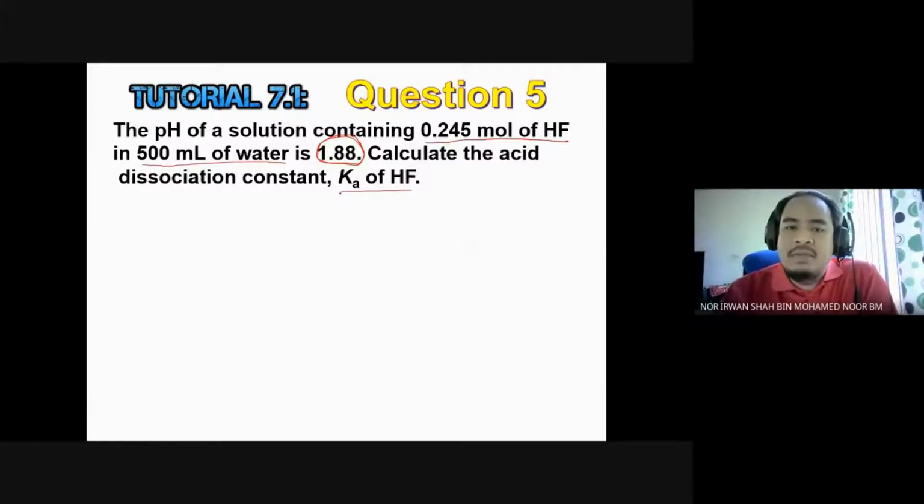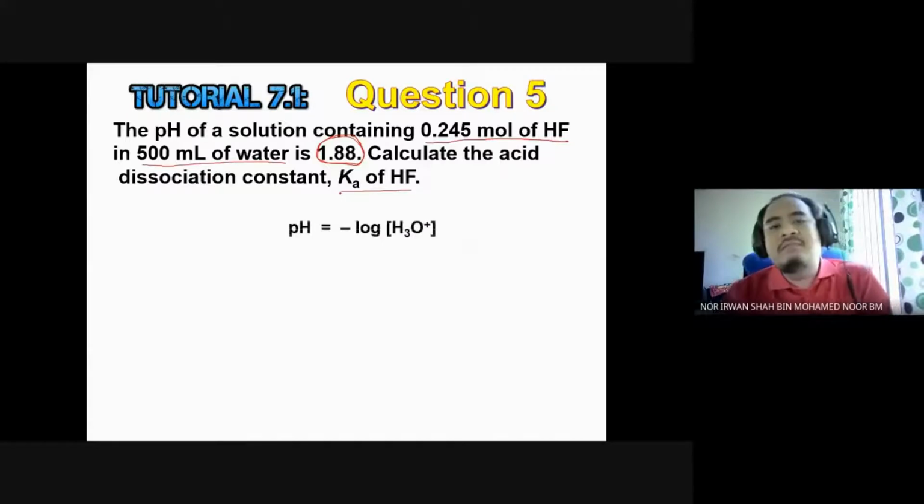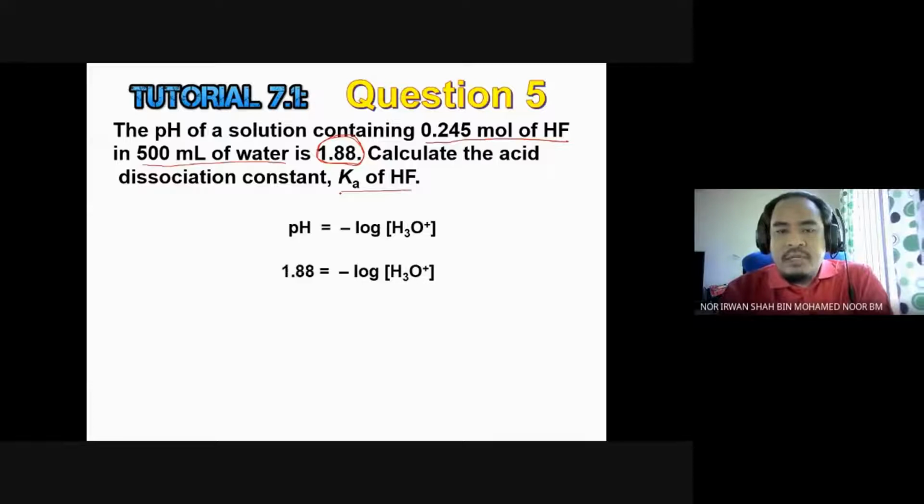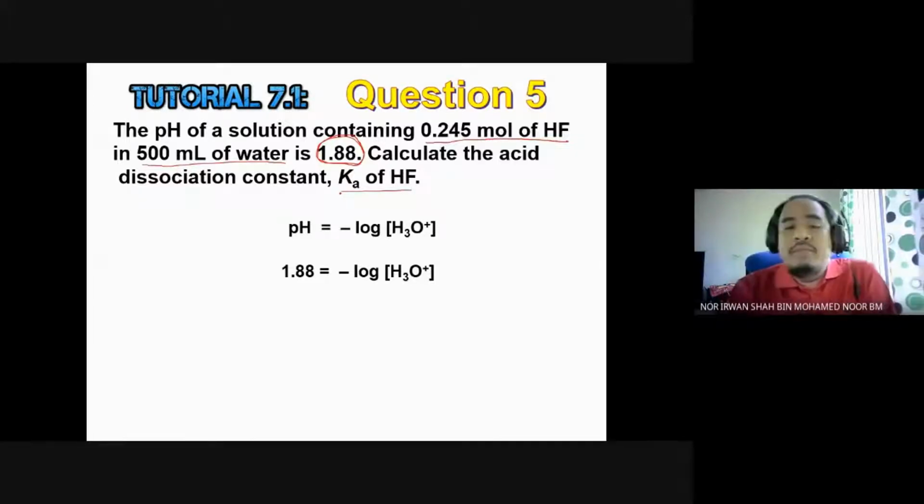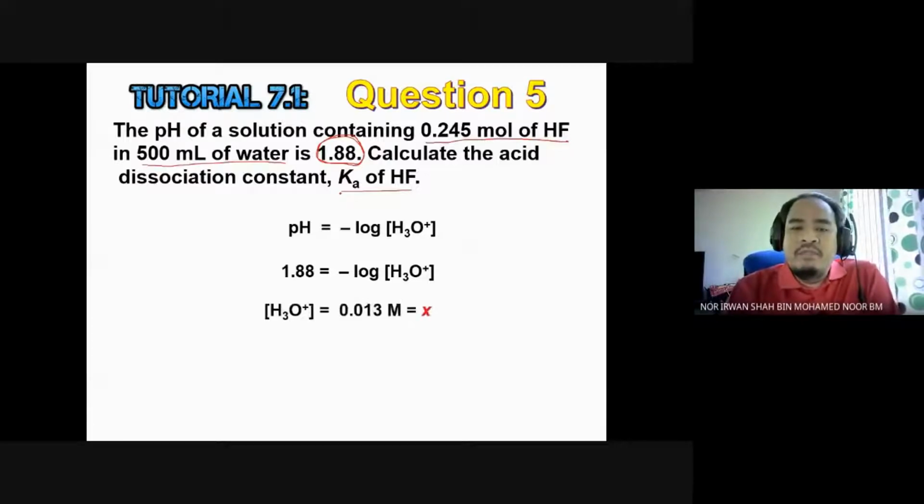Kita akan start dengan the pH given class. Okay, so kita tahu pH is equals to negative log of concentration of hydronium ion. Okay, and pH was already given in the question, 1.88 equals to negative log of concentration of H3O+, and from here we can calculate the concentration of hydronium ion.